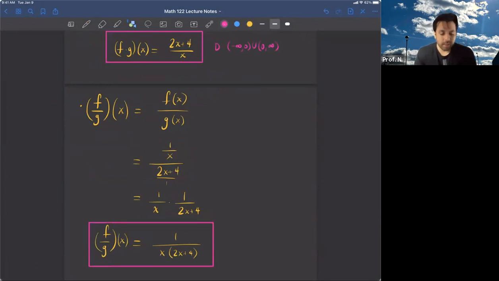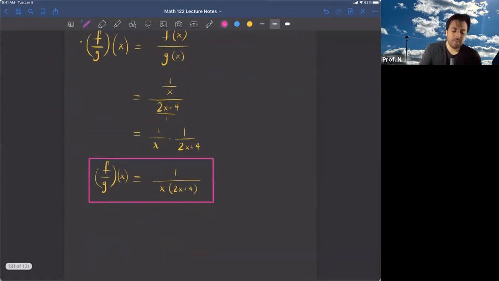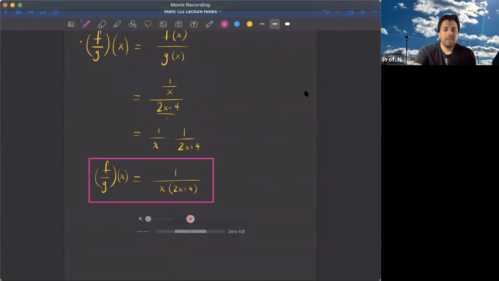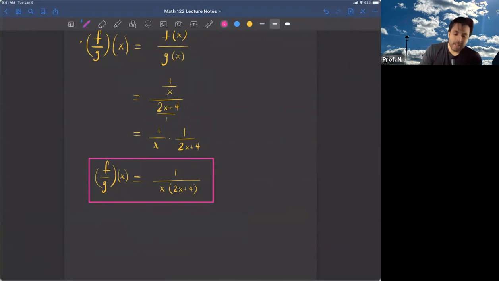Now, what's my domain? Can you tell me what the domain would be? Good. It can't equal 0. My denominator cannot equal 0.